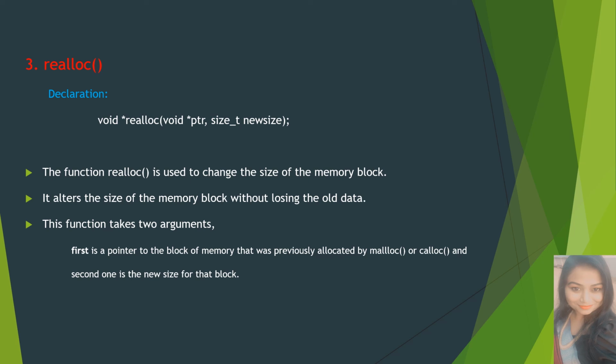So we use the reallocation function for that. This function also has two arguments. The first argument is star ptr, a pointer variable to a block of memory that was previously allocated by malloc or calloc. The second one is the new size of the block in memory. So that is the third syntax.